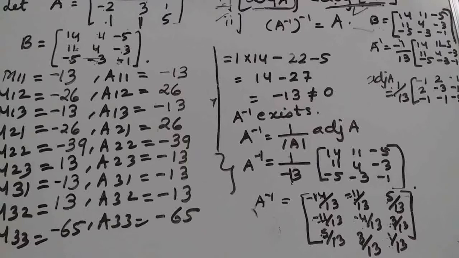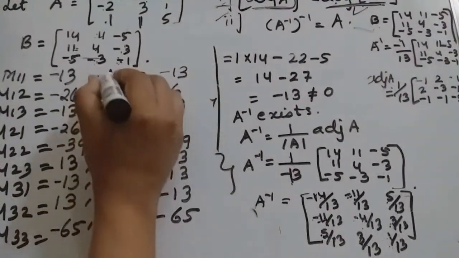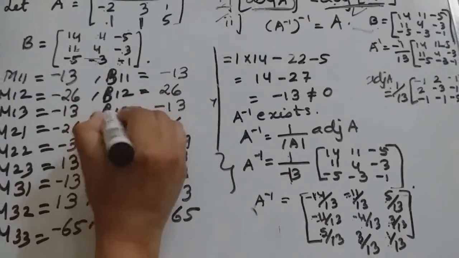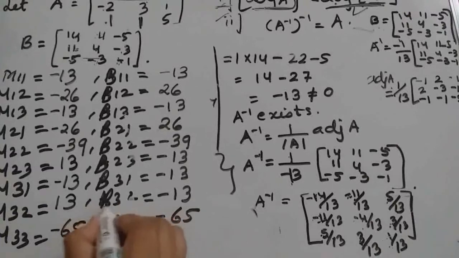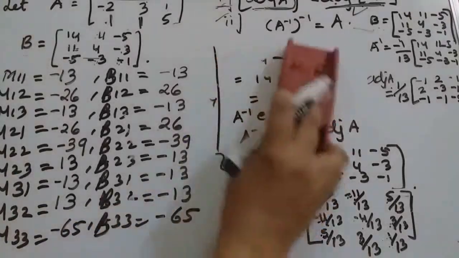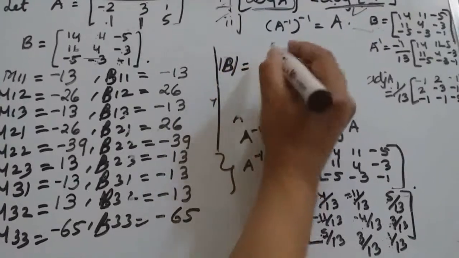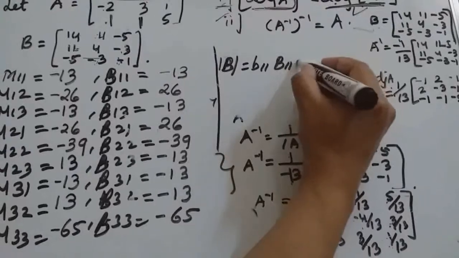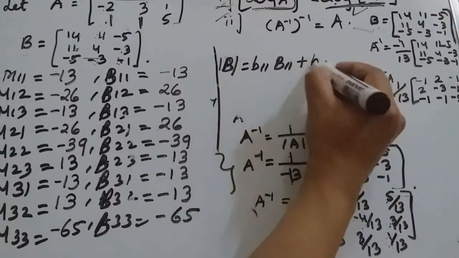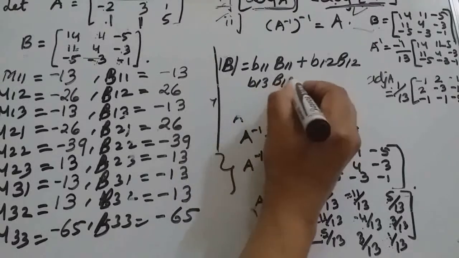Okay. Now determinant of B. See, since this is B matrix, all cofactors will be in B form. Now determinant of B will be b11 times capital B11 using cofactor, isn't it? Plus b12 capital B12, b13 capital B13.